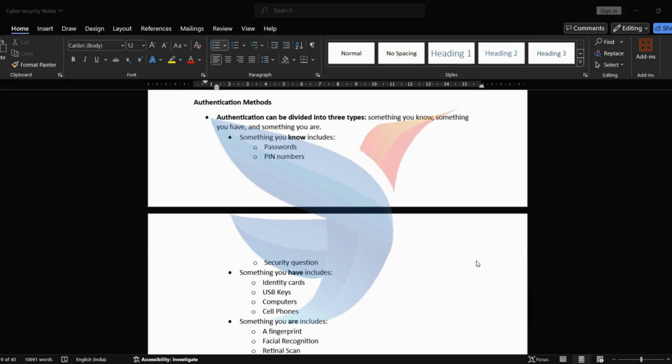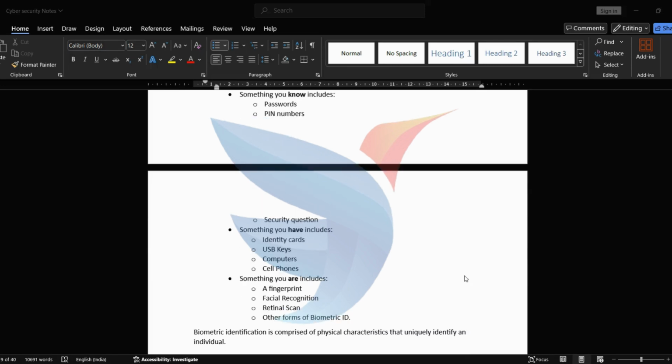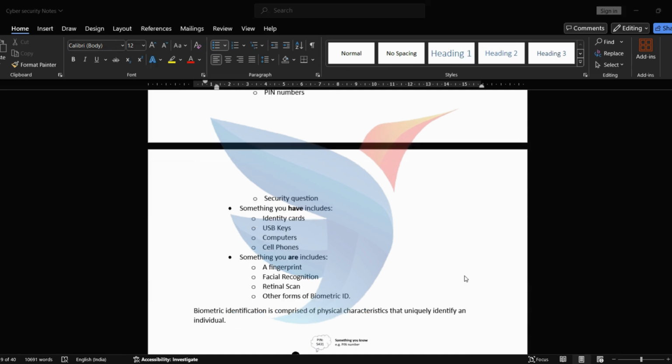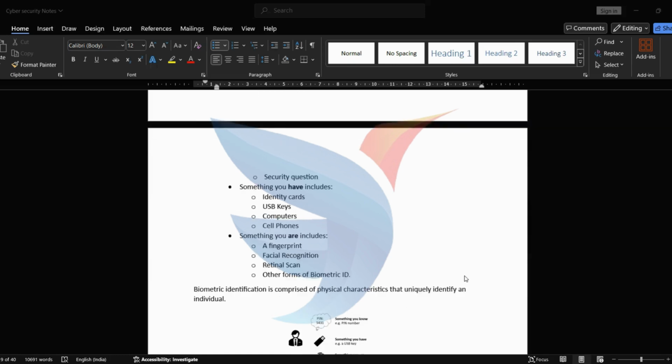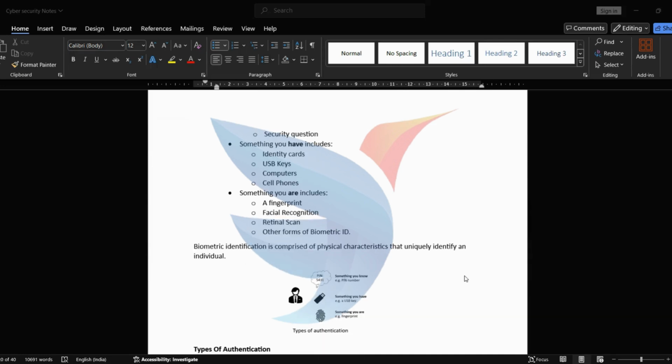Something you have includes the identity cards, the USB keys, computers, and cell phones. Something you are includes a fingerprint, facial recognition, retinal scan, or other forms of biometric ID. So, biometric identification is comprised of physical characteristics that uniquely identify an individual.